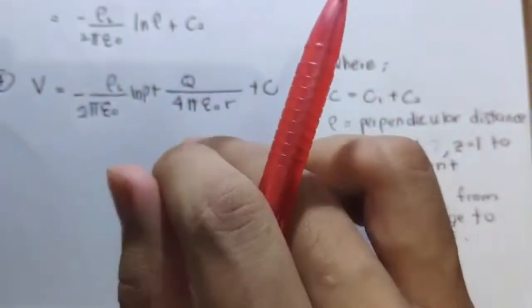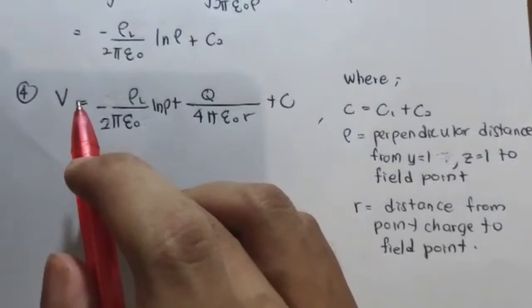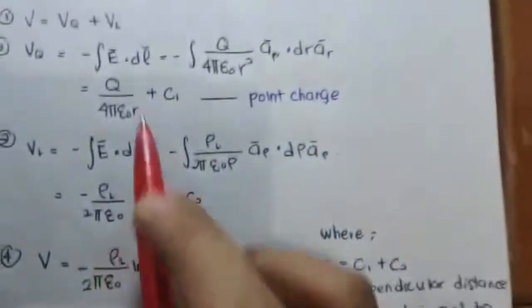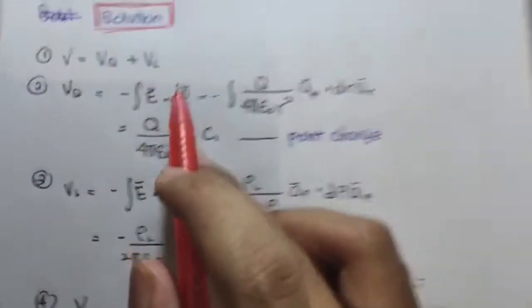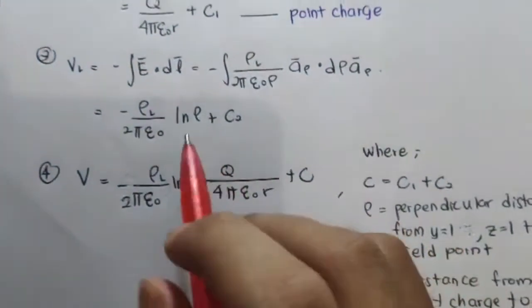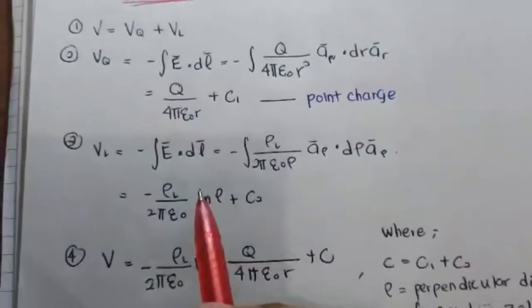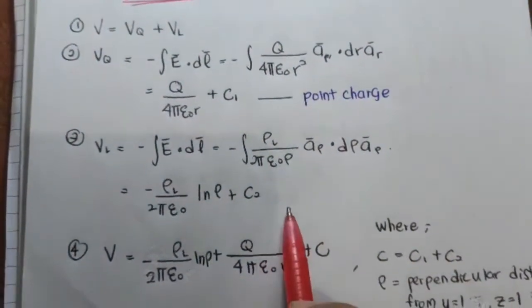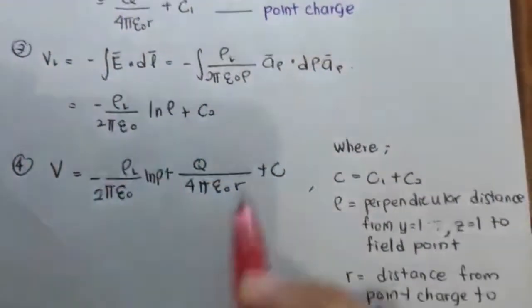Okay, so we get V from the first equation, V equals VQ plus VL, and we substitute the point charge equation and the infinite line charge equation into it.